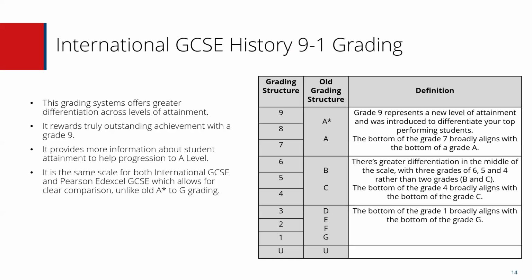Okay, and I'm sure you know about the grading, going from truly outstanding at 9, and it offers you the old grading to kind of look at the old money there and see how that fits.